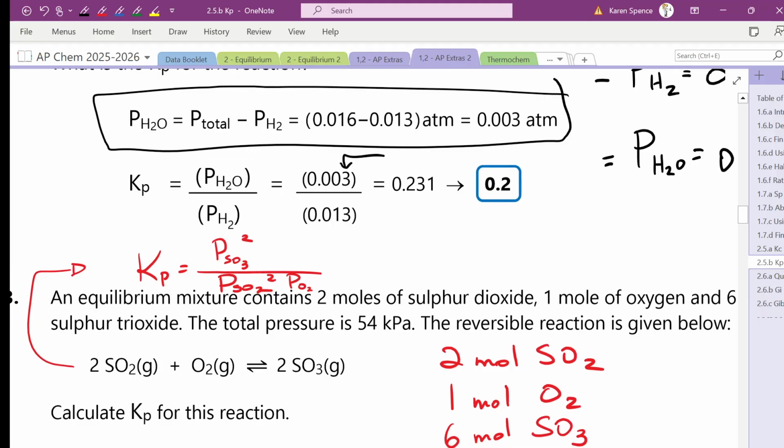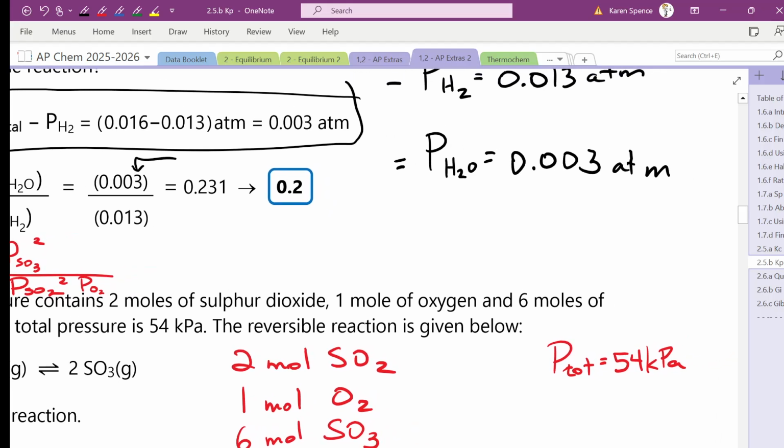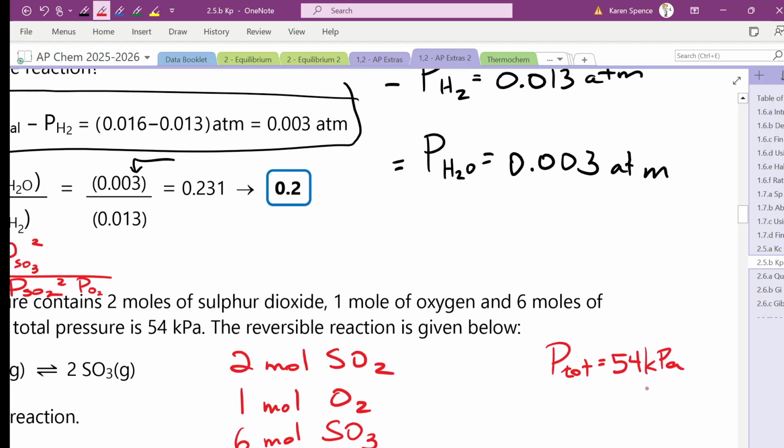What do we know about those three substances? We know the moles. Can we go from knowing the moles to knowing the pressures? Because we also know our total pressure. And if we know the moles of each one, we also know the total moles of gas.